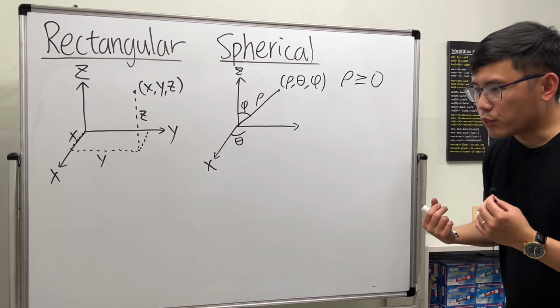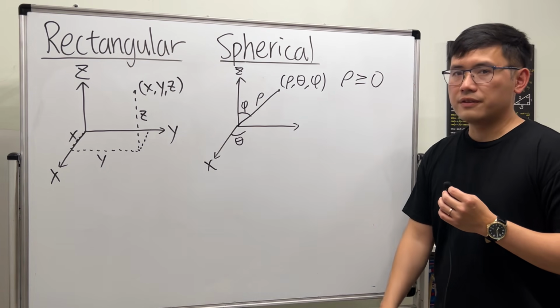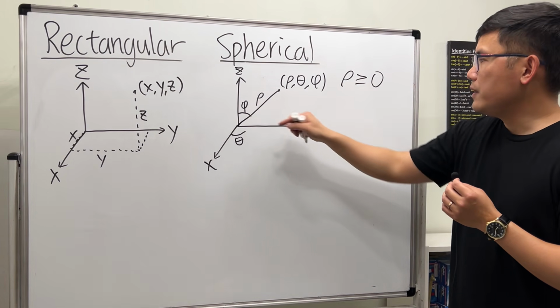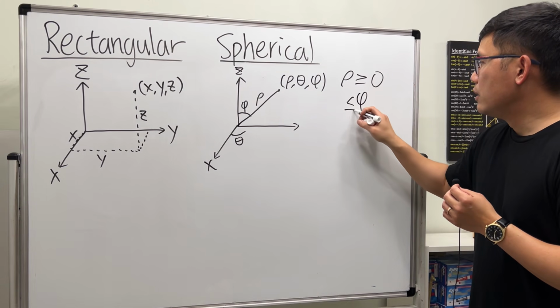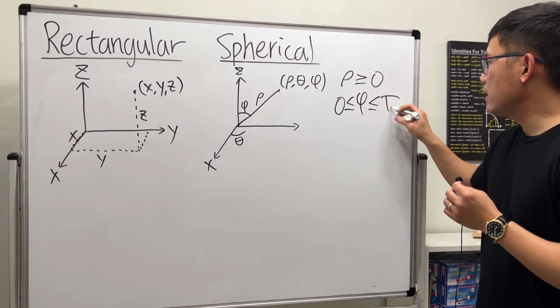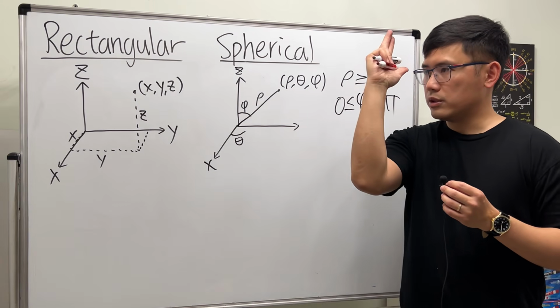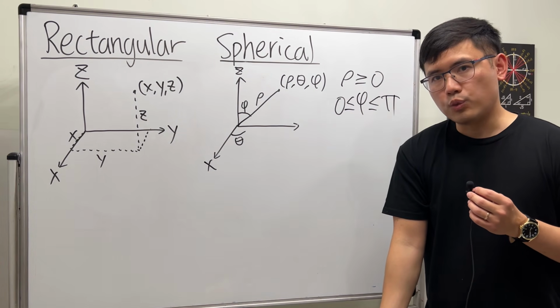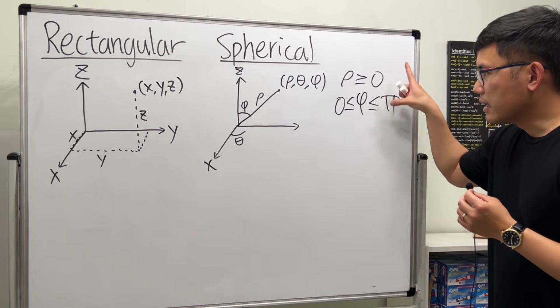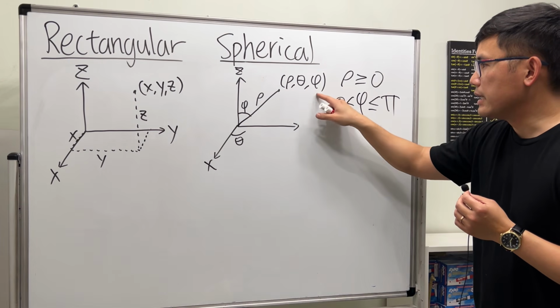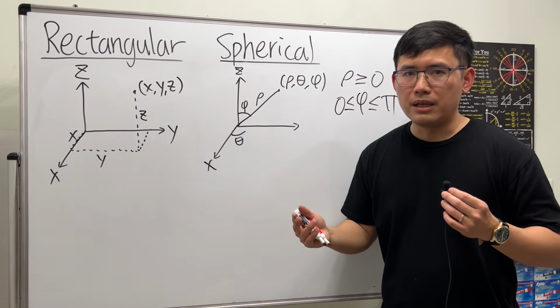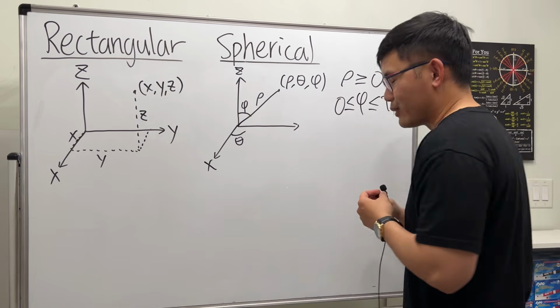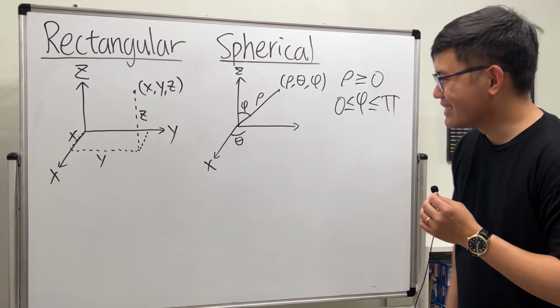That's just you go backwards. But for rho, non-negative. And then the angle phi, we want it to be from 0 to pi radians, because we want to just go like this to there, from 0 to 180 degrees. So these are the conditions for this and that. The angle theta doesn't matter. You can turn, rotate however many ways that you want.